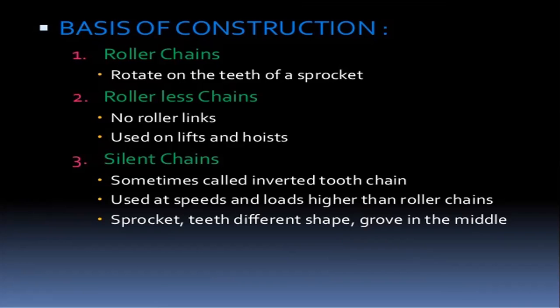And the last one is the silent chains. Sometimes it is called an inverted tooth chain, and these are used at speeds and loads which are higher than for roller chains. So when you are going to use them at higher speeds, this type of chain is very useful.